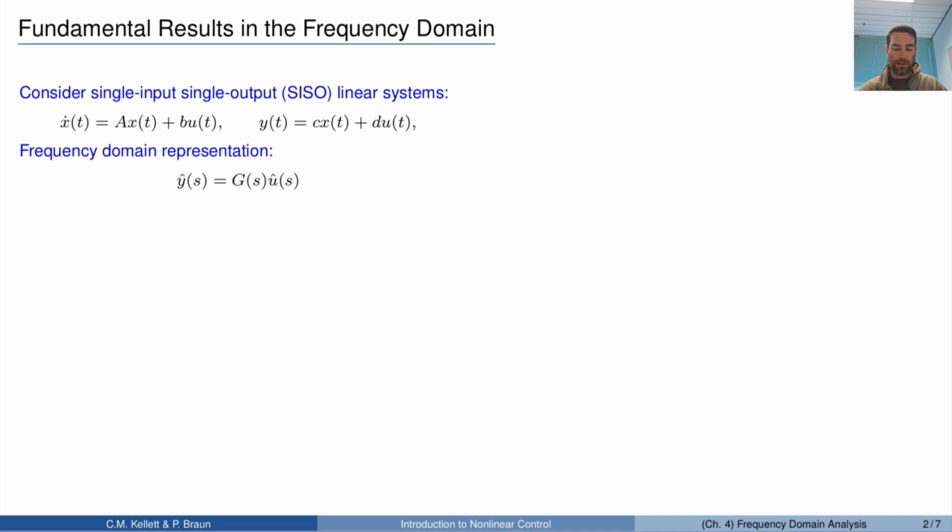And we are looking for an input-output representation, meaning if we take an input signal in the frequency domain, then the output is given simply by the multiplication with the so-called transfer function. So the question is, if we have a linear system in the time domain, how do we get the corresponding representation in the frequency domain? So how does G of s look like?